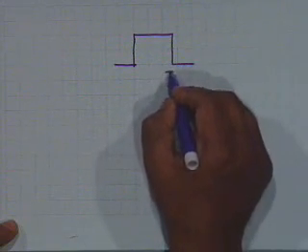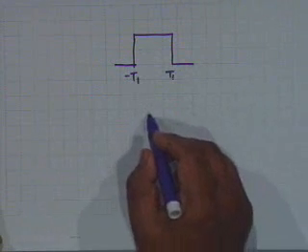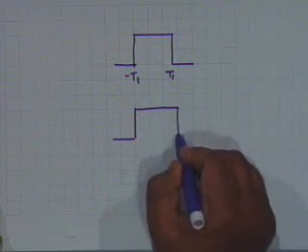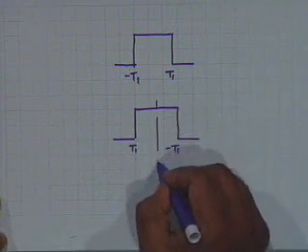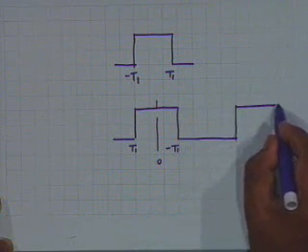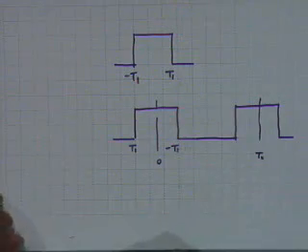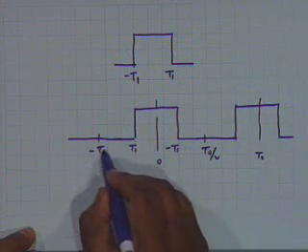T1 and minus T1, and the periodic repetition of this is this, T1, minus T1, and then this is 0. Then we have, this is T0, alright. Now this is T0 by 2, and this is minus T0 by 2.